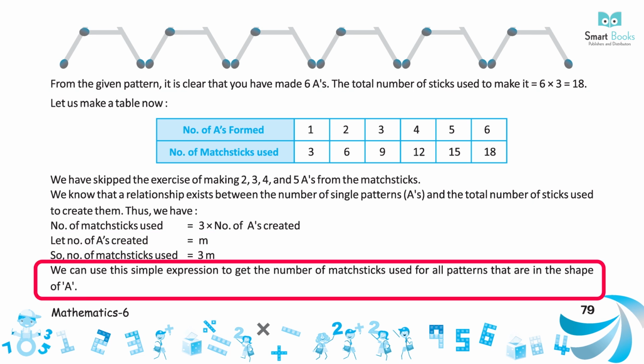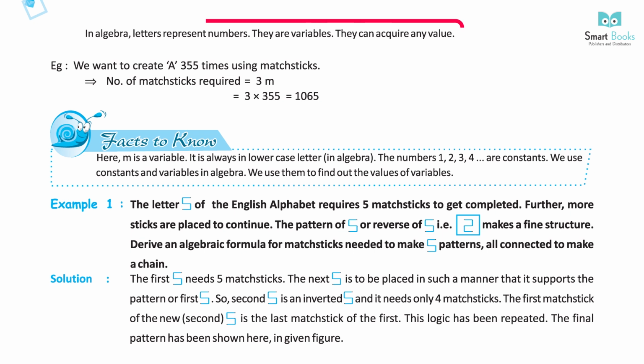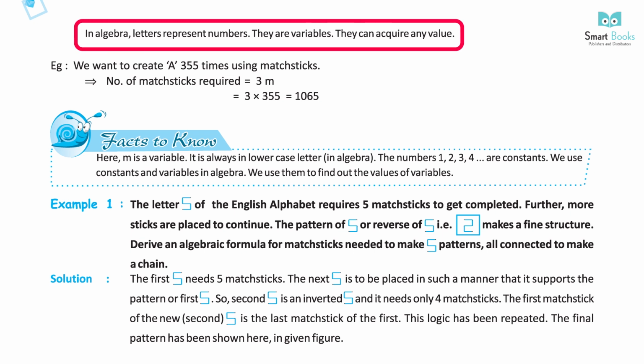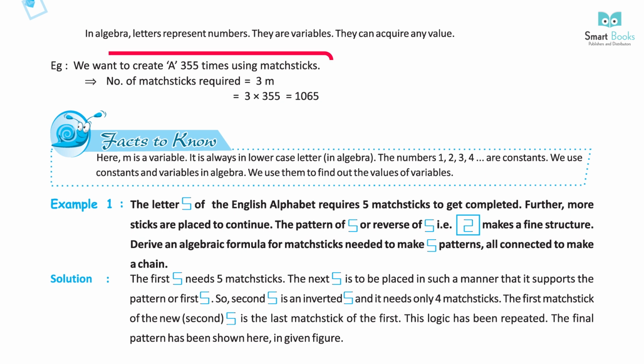We can use this simple expression to get the number of matchsticks used for all patterns that are in the shape of A. In algebra, letters represent numbers. They are variables. They can acquire any value. For example, we want to create A 355 times using matchsticks.